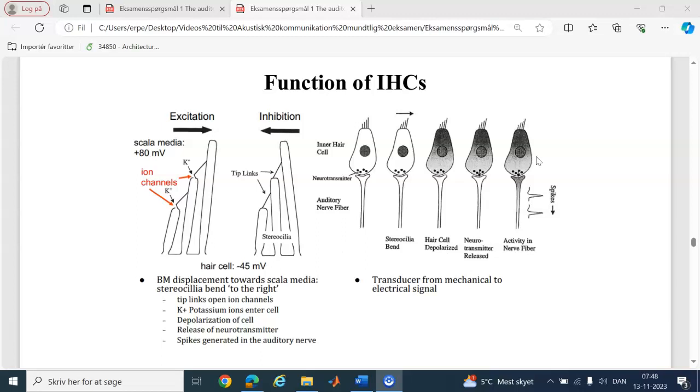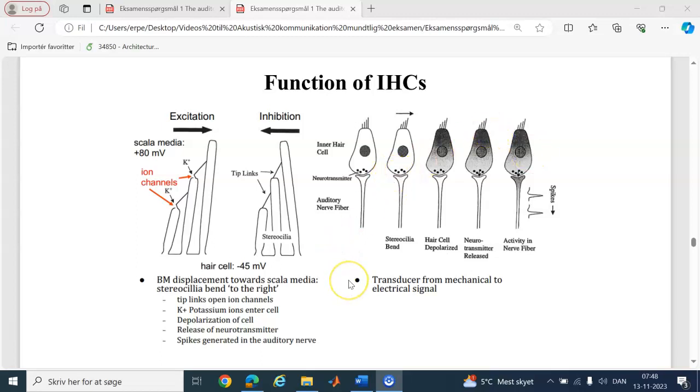Some electrical potential is going on by those neurotransmitters. So the spikes and the activity in the nerve fibers bring those electric signals to the brain in a very complicated way.